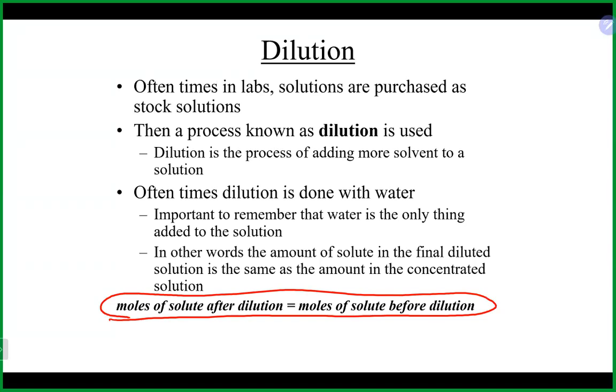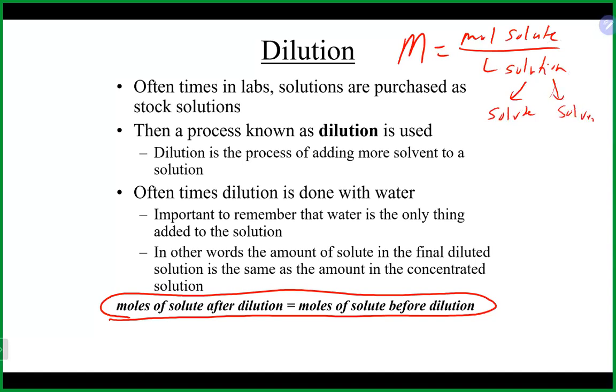And the reason why the molarity of that solution goes down is found in the molarity formula, which is moles of solute divided by liters of solution. And remember that the solution is the solute and the solvent. So when you add more water or solvent, mathematically you're adding more of the bottom number.